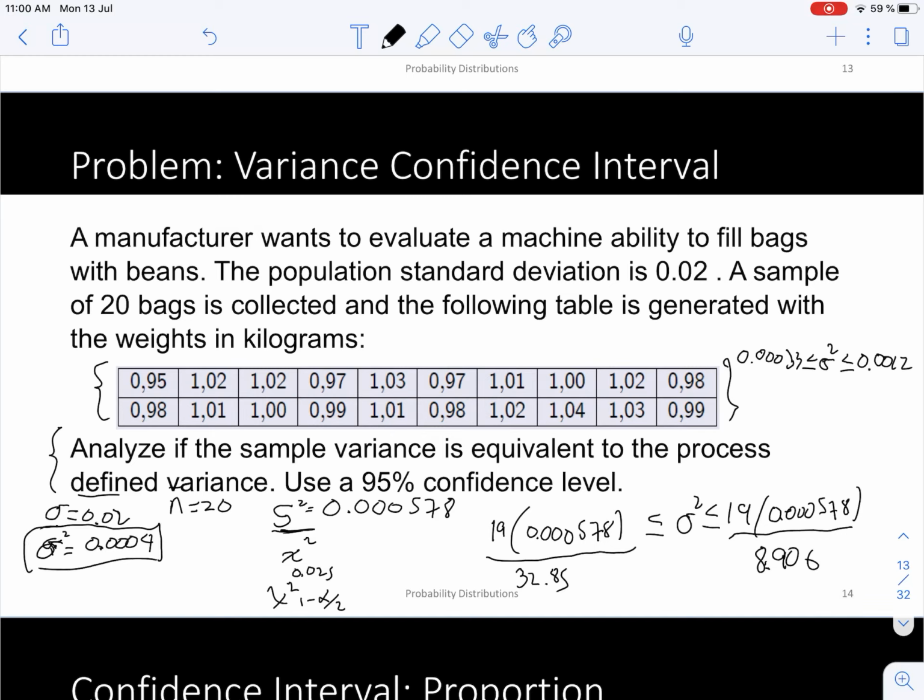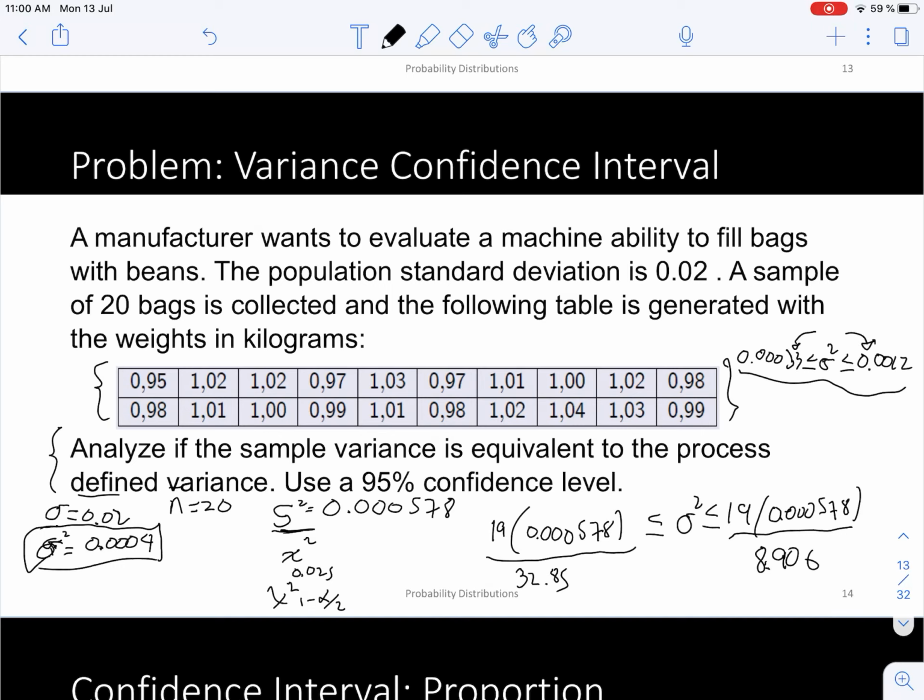So let's check if the parameter, or the population variance sigma squared, which is 0.0004, is included or not. If you check that value of 0.0004, it's above the lower limit and below the upper limit.